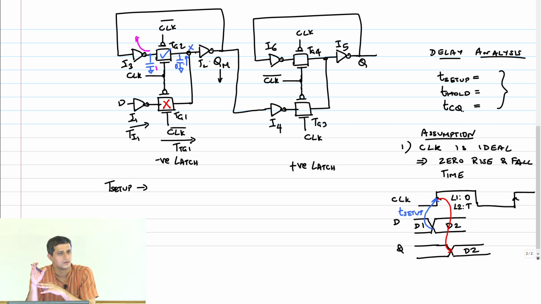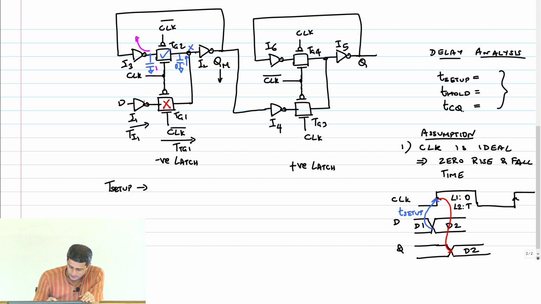Okay? What we want is both these capacitors to store the same value. How do I ensure that? What are the delays that are incurred in this process? I1, TG1, it has to go through I2 and also I3, right? Are you with me here?